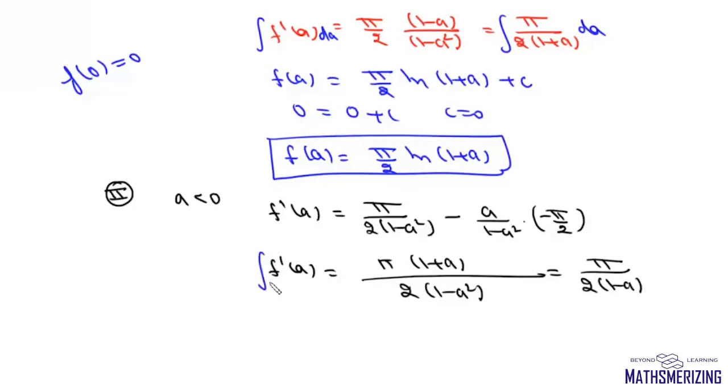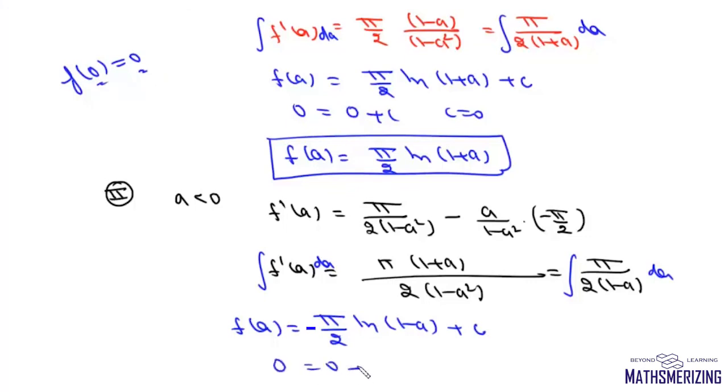Now again we'll integrate this function with respect to a. So we'll get f(a) equal to pi by 2 log 1 minus a, and then plus c. Now again when a is 0, f(a) is 0. So it'll be 0 equals 0 plus c. So the value of c here is 0.